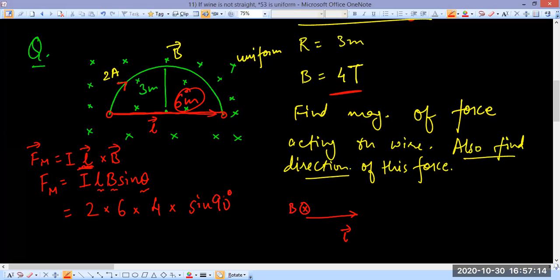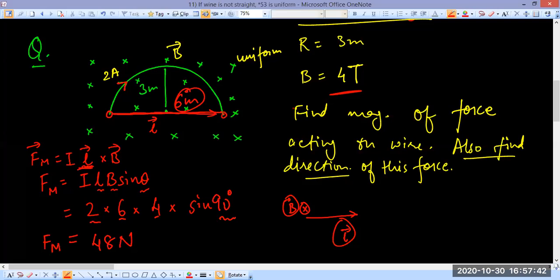Is this 90 degree between L and B clear? So what's the final answer for the magnitude? 2 into 6, 12, into 4, 48. Yes, 48 Newton is the magnitude.